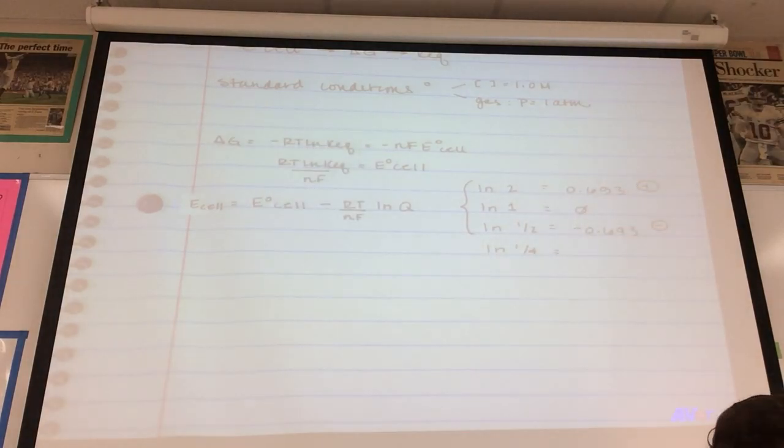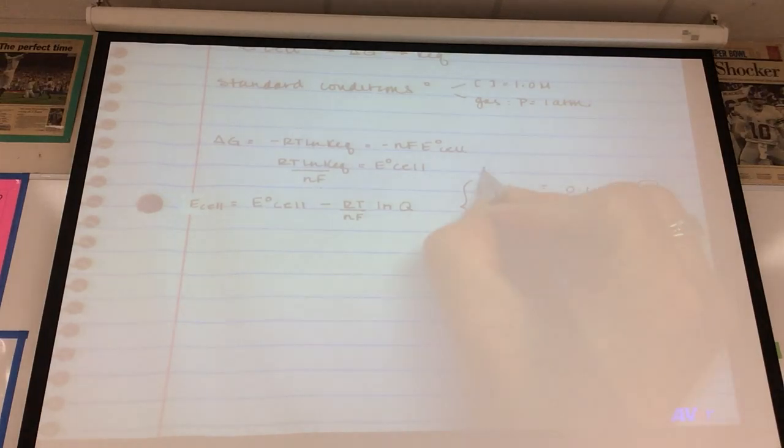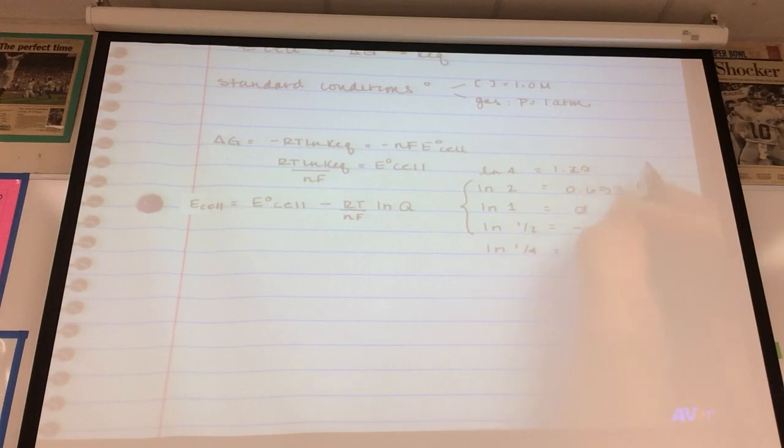We can write it in and take a look at it. But it's more negative, correct? And the ln of 4 then has to be this. That's a 3. And so that's more positive, if you will, than what you had for ln of 2.